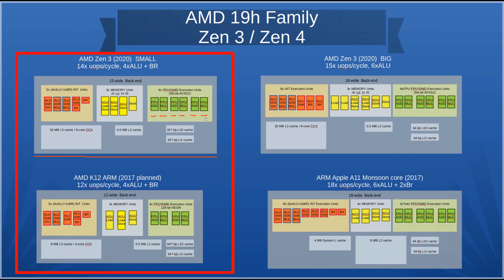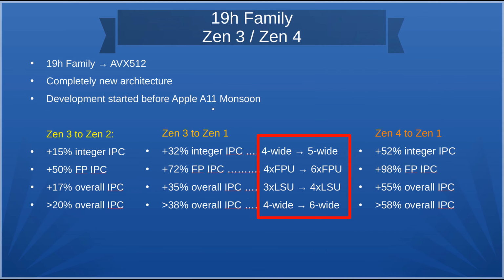But the other question is, what about the integer core? Because this is maybe even more important for general computation. So the integer core, in our performance, the IPC, it showed probably 4 wide to 5 wide at least, because this is 25%, and we do expect 32% actually.